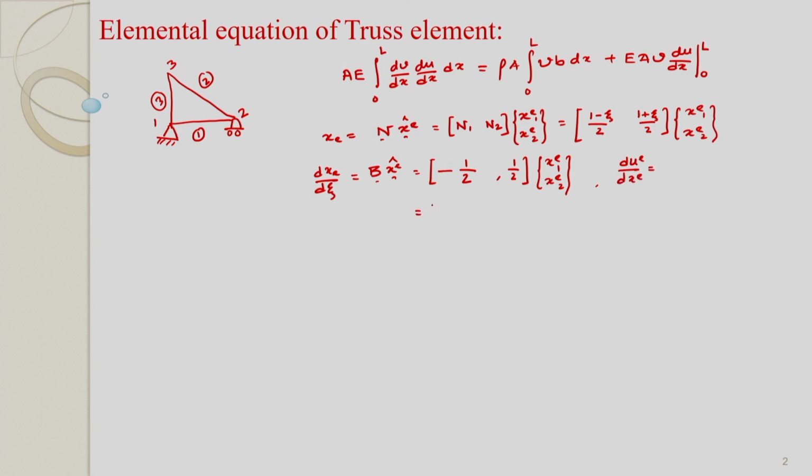so this is essentially LE by 2. LE is the length of the element. This we obtain through the chain rule.